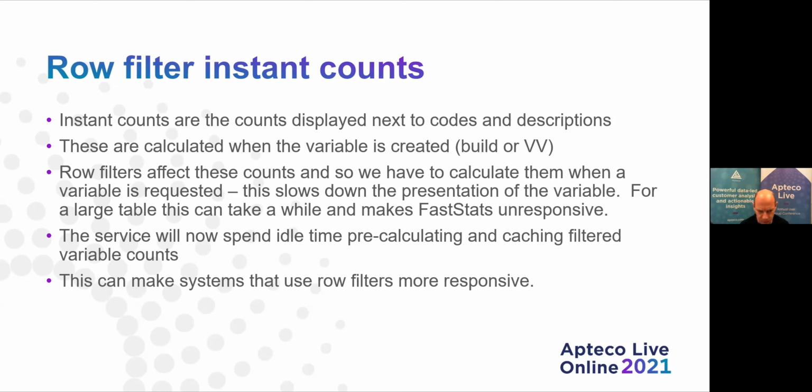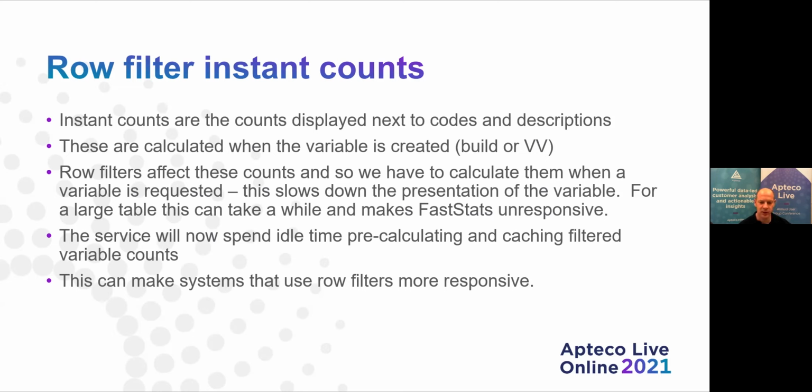It makes FastStats appear unresponsive. So we've made an improvement to the FastStats service, where during idle times, such as after deployment, before users are really using the system, we will spend some idle time pre-calculating and caching filtered variable counts. We go through all of the row filters for all of the users in the system, and we pre-calculate, cache and store into the FastStats control database the instant counts for each row filter and user combination.